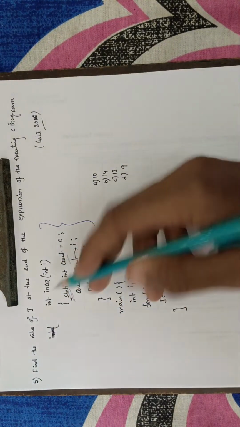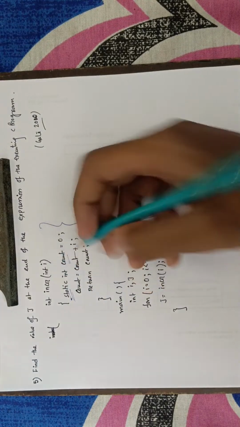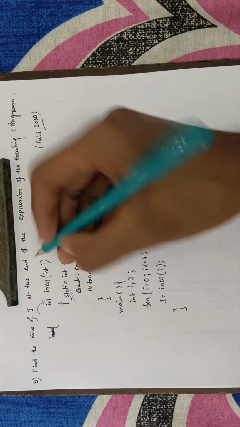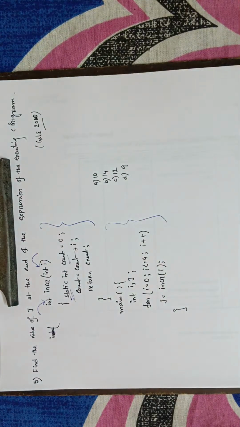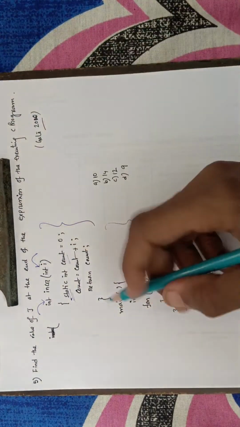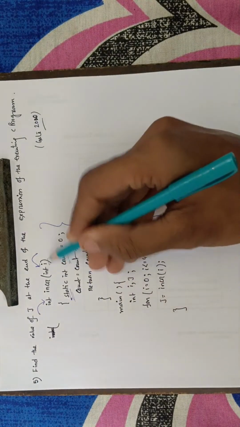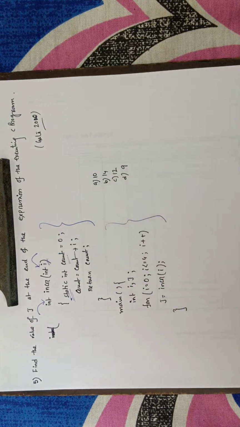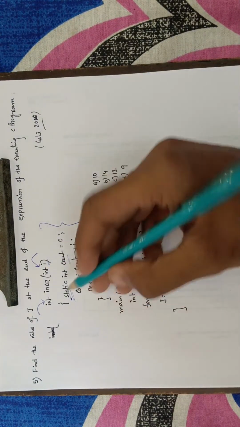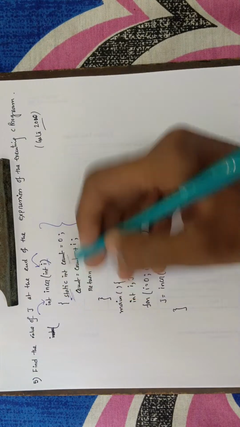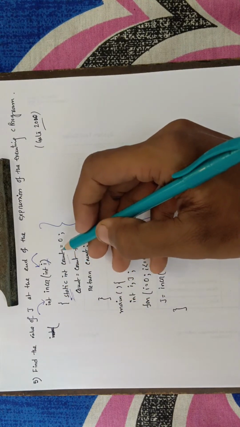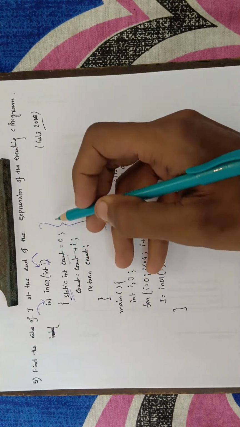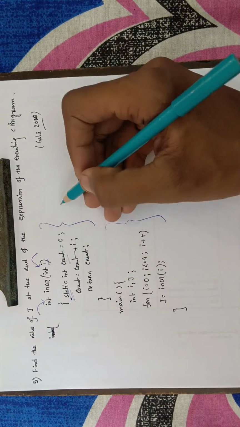The function is incr, which returns an integer value and takes one argument as an integer, stored in a variable i, and a static variable count, whose value is assigned 0 here.